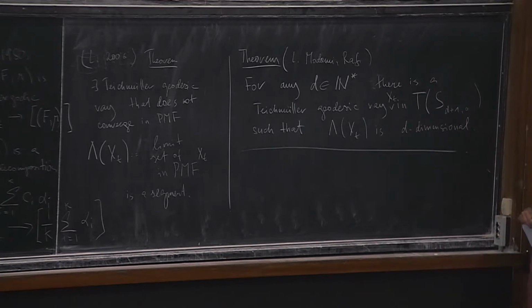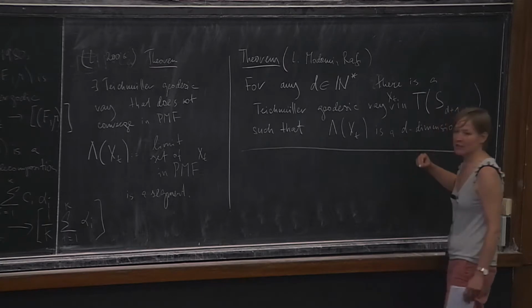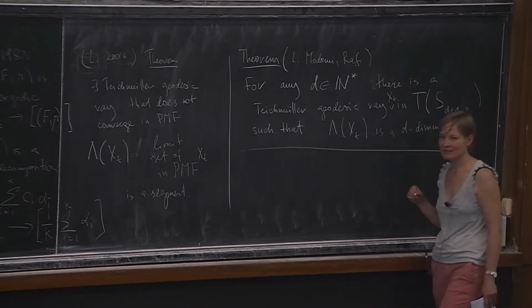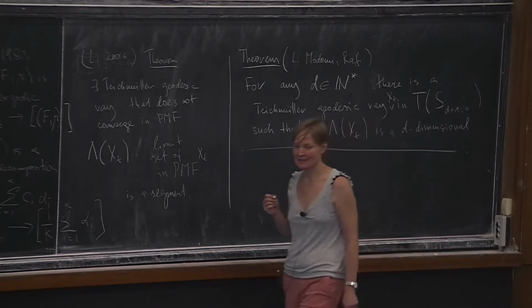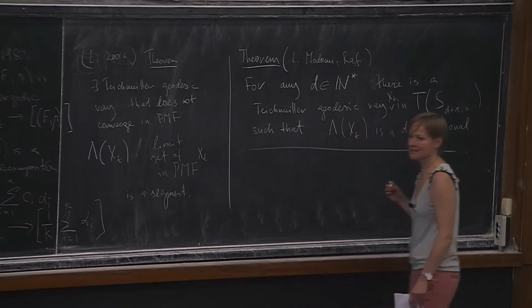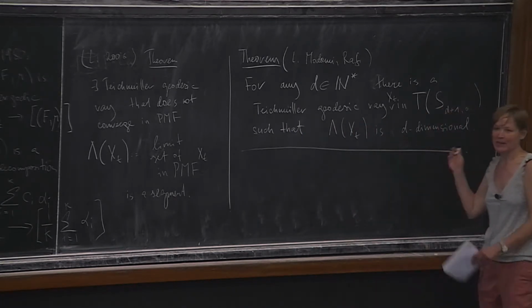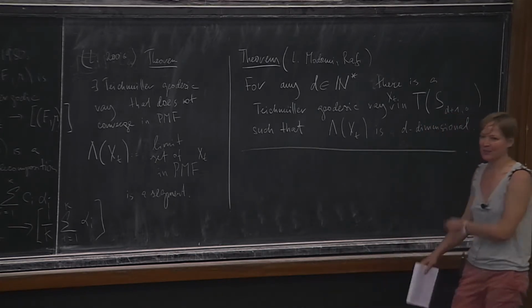A d-dimensional simplex or d-dimensional? Yeah. Well, a d-dimensional simplex is d-dimensional, right? It is a simplex, yes. You can write simplex, yeah. So one needs to say what the simplex is, so I will.